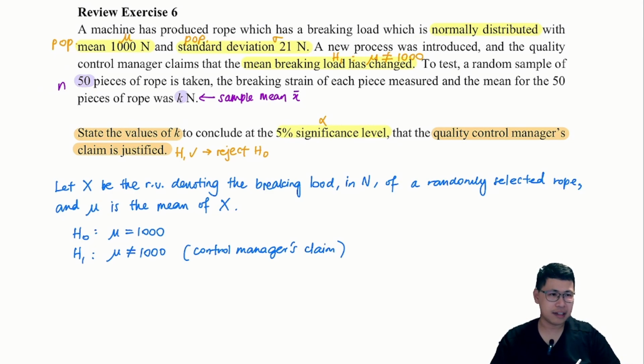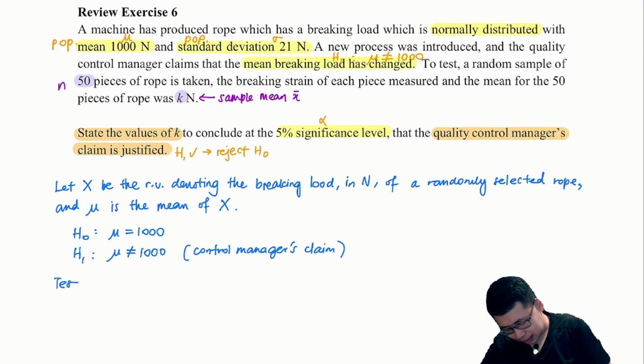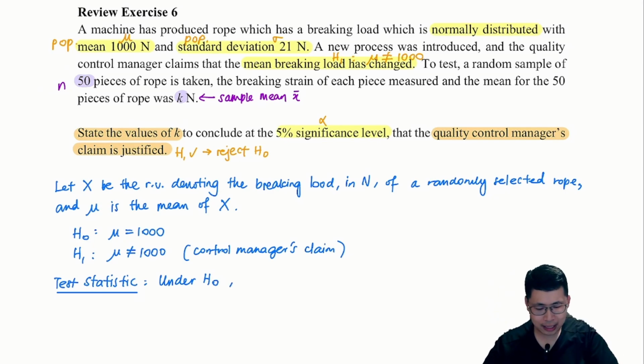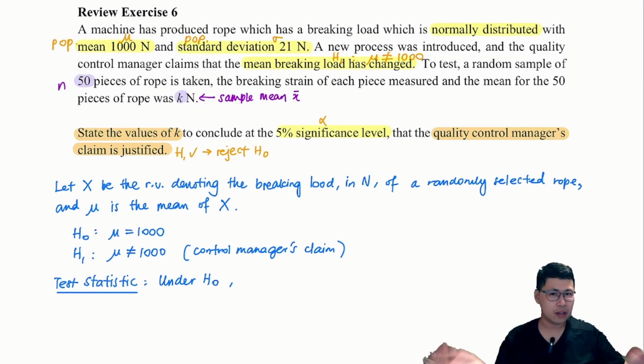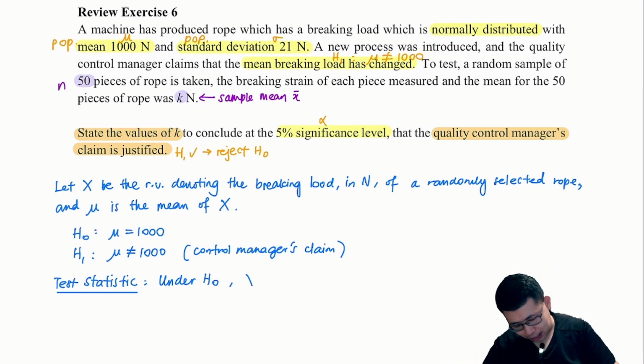Step number 3, set up the test statistic. Now, because we are testing for sample mean, we are going to look at the distribution of the sample mean, which is our x bar, and at the same time, this is already normally distributed, so we do not need to invoke the central limit theorem. We can just get our x bar directly. Okay, so x bar follows a normal distribution.